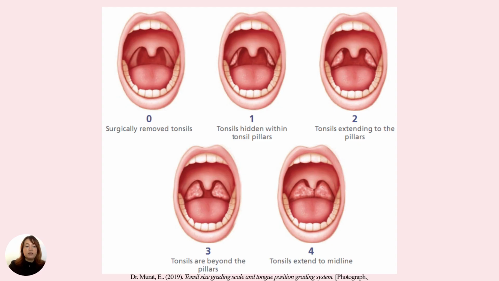Class 3, they are beyond the pillars, so the pillars are nowhere to be seen, almost touching the uvula. And number 4 is whenever they are completely covering up the uvula. Between these classes, ENTs usually wait until they see class 3 or 4 to go ahead and remove. So if you see any patients that have class 2, go ahead and try to get them that referral before it gets too bad.